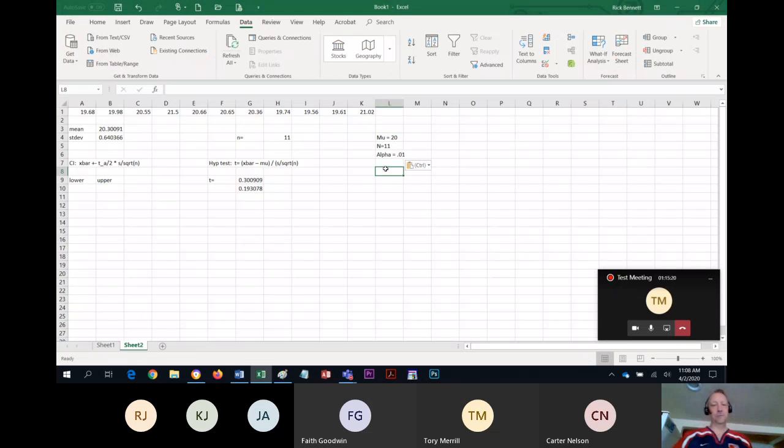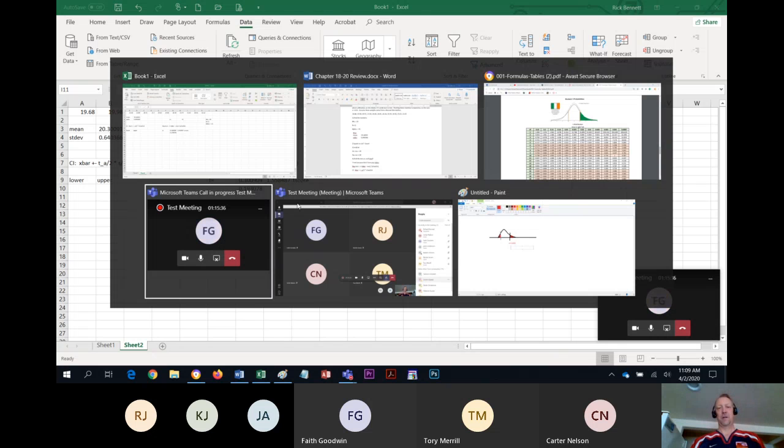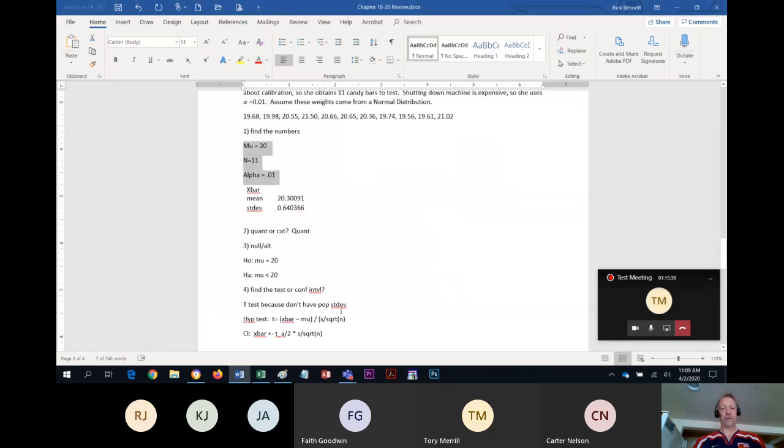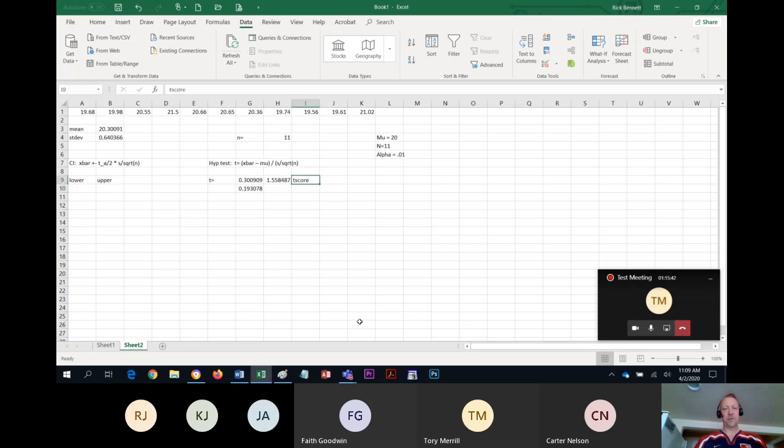Okay, so then I've got the numerator divided by the denominator. This is my t-score. Now, going back to here, I found my t-score. In this case, what was it again? I forgot. It was 1.55.